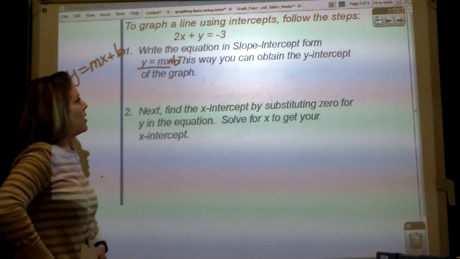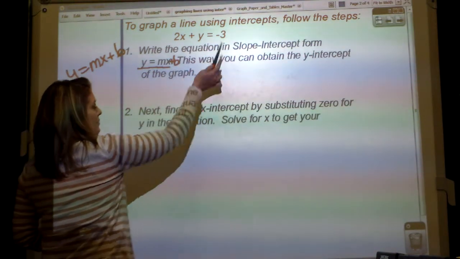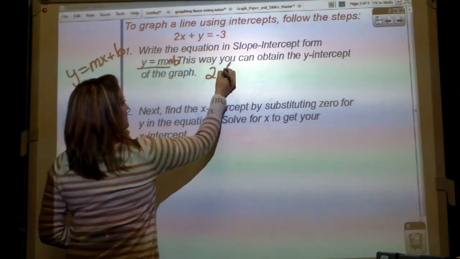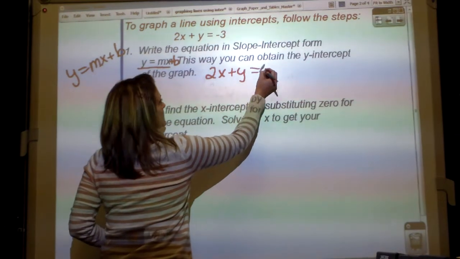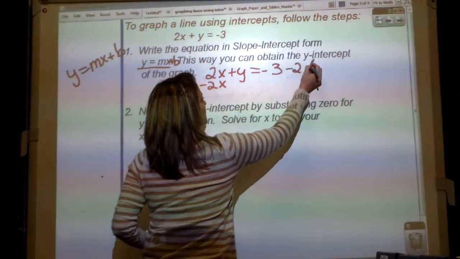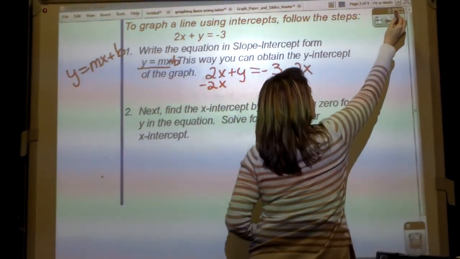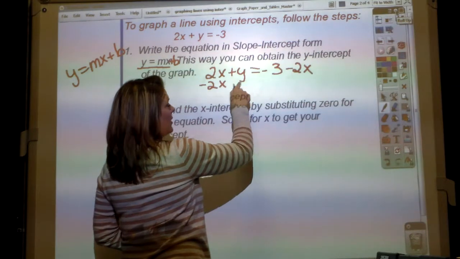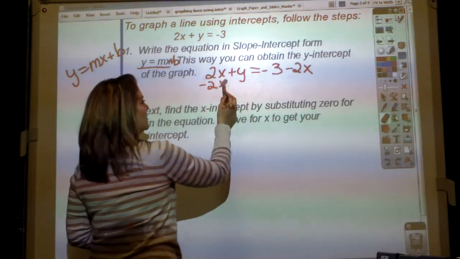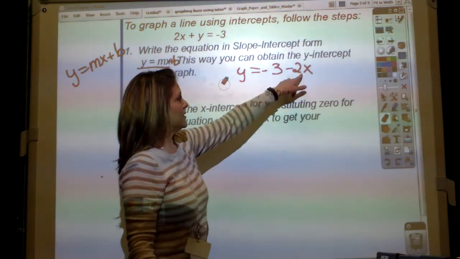So 2x plus y equals -3. We're going to subtract the 2x on both sides, so that this will cancel out. The 2x is going to zero out. And we're going to have y equals -3 minus 2x.